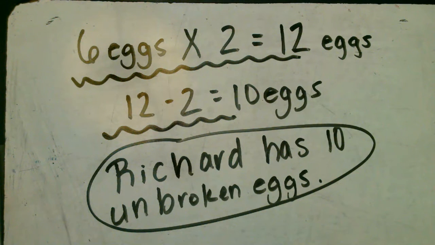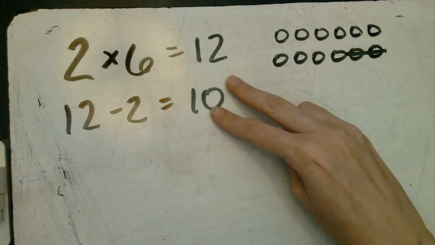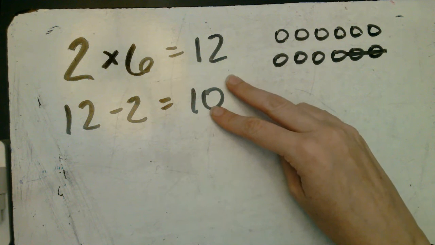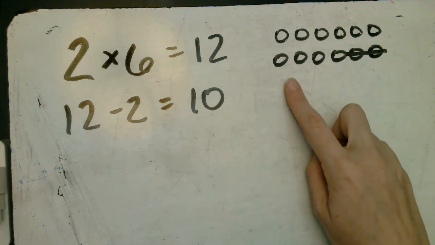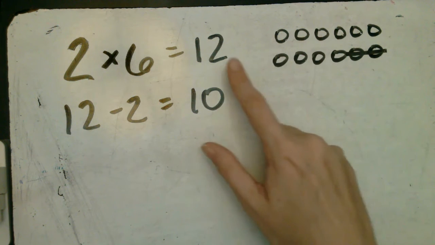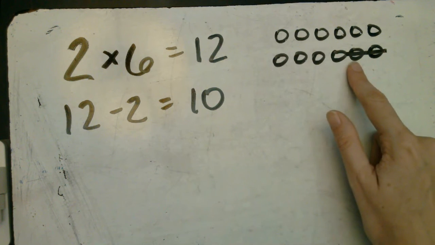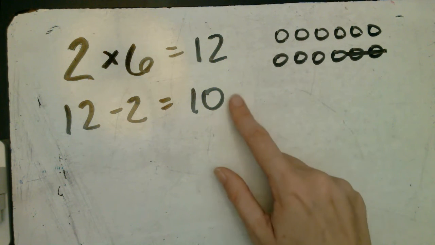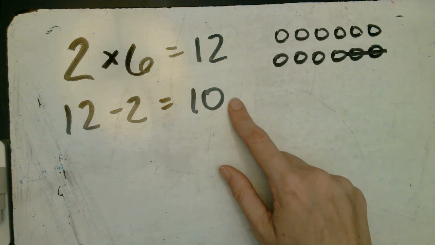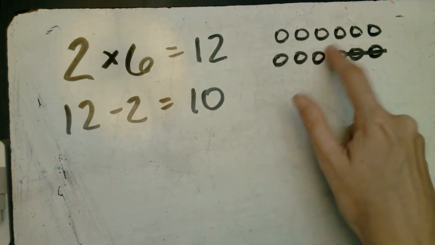Let's go on and do another example problem. Get out your whiteboards and markers, and let's do this next one together. We used these 2 problems while we were talking about Richard and his eggs. To the left here is a picture. It started off as 12 circles because that was the total number of eggs Richard had. And we crossed out 2 circles because Richard lost his 2 eggs when he dropped them, leaving us with 10 circles.